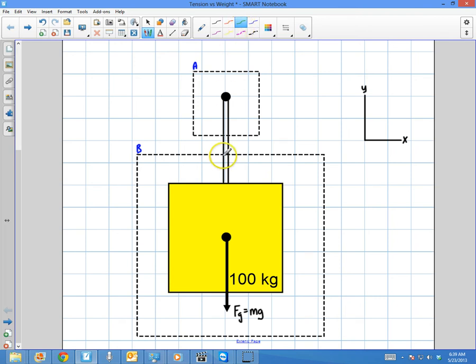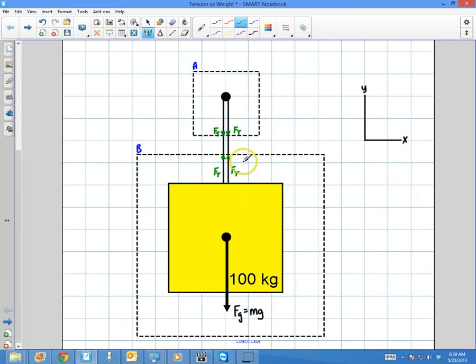If I cut this object here, now I have two forces that appear, and those are little arrows. That's the force of tension here, and there's a force of tension here. There's two of them because I cut the rope. And since this is a rope, this is going to prove Newton's third law. I'm going to have the tension here and the tension here, and these are going to be equal.